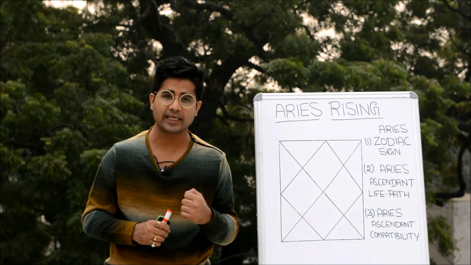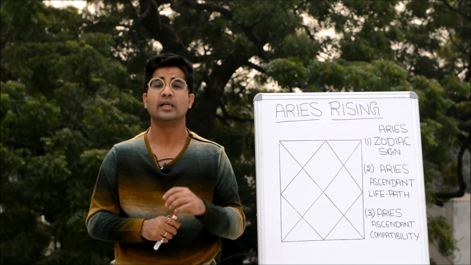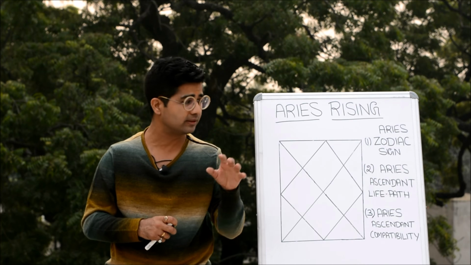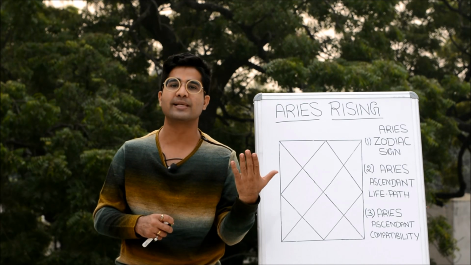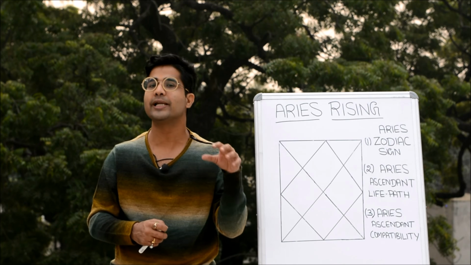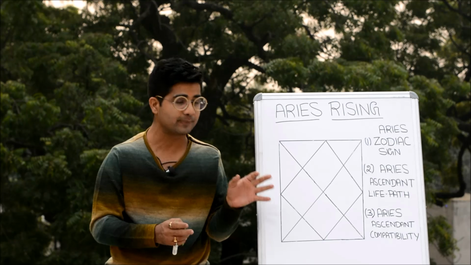And third, once you have understood the life path of that ascendant person, what other ascendants are compatible and will get along well, what are the basic remedies in the form of gemstones that person can think of wearing, and what are the natural benefic planets for that ascendant. So all that we will try to understand in this series.